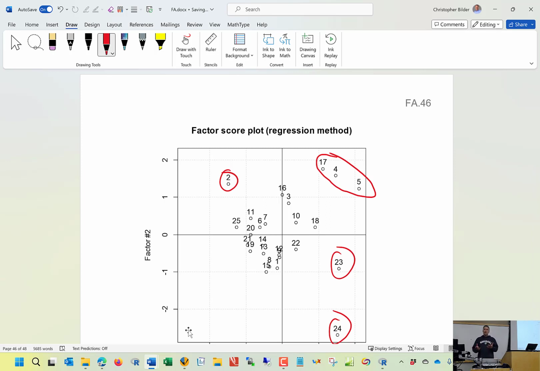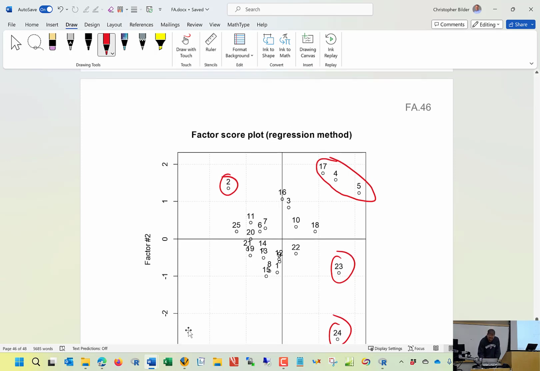Once again, what you could do with this plot is identify outliers. For example, 24 looks to be an outlier. You can identify trends that we see. You can identify potential groupings of observations.